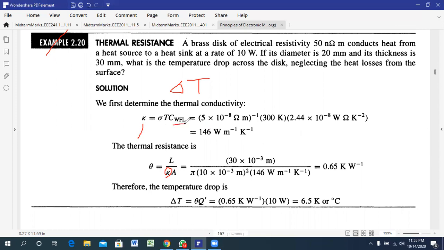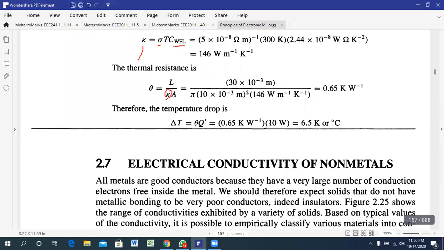This value is a constant, and the sigma value for the brass is fixed, given as 50 nano ohm meter, and T equals 300 Kelvin. So I think all the values are given here. If you try at home, you can also solve this example.